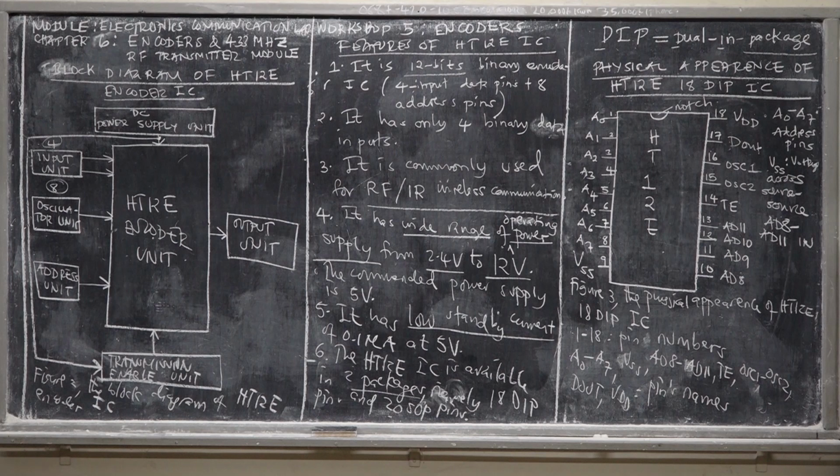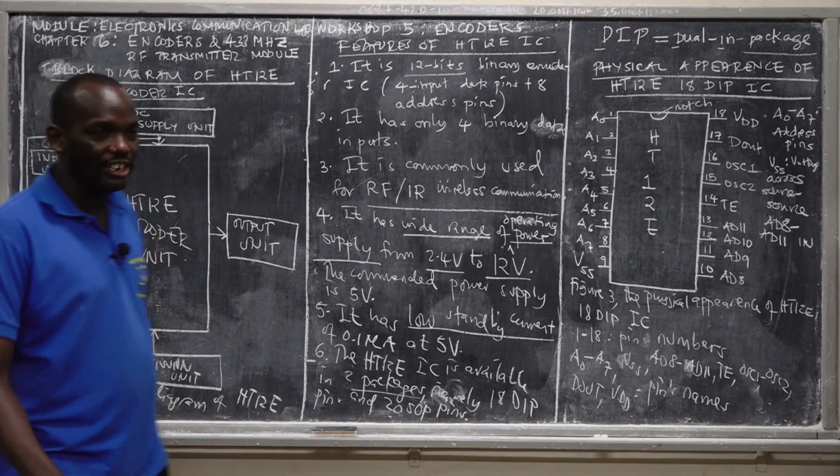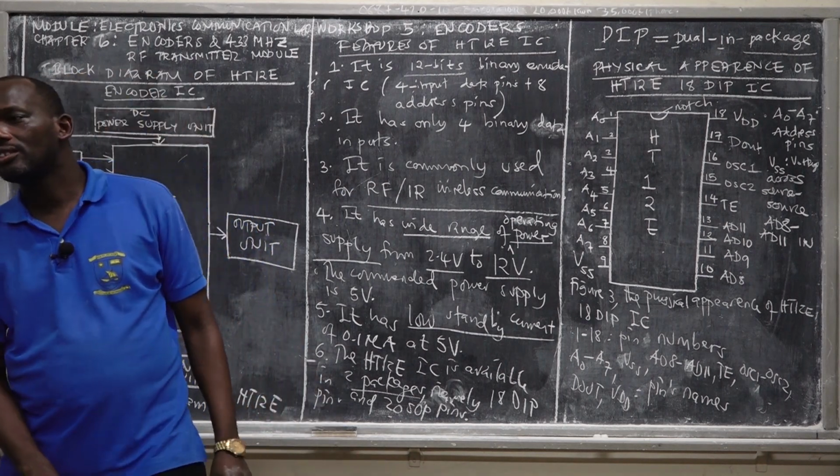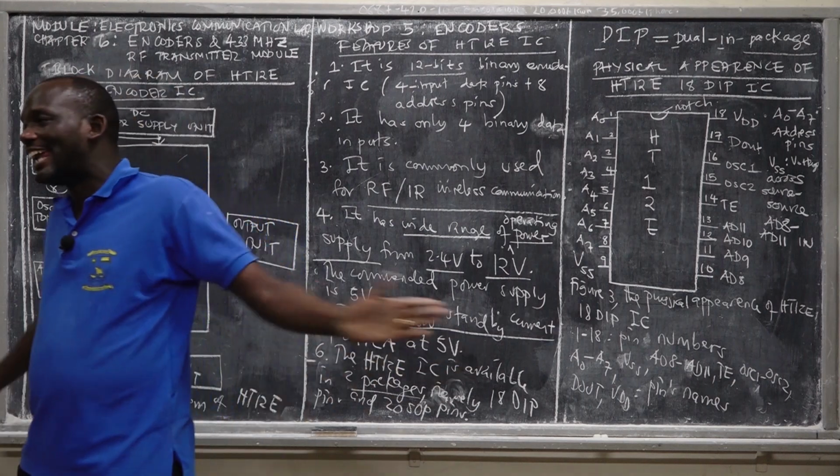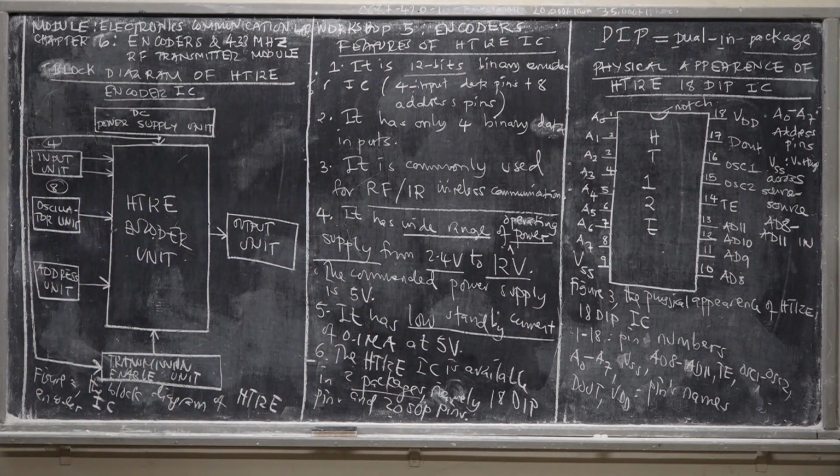Did you understand, first of all? Did you understand the entire workshop 5? Have you understood or you haven't understood? If you haven't understood, we can restart the class. You have understood? Forget about that homework.